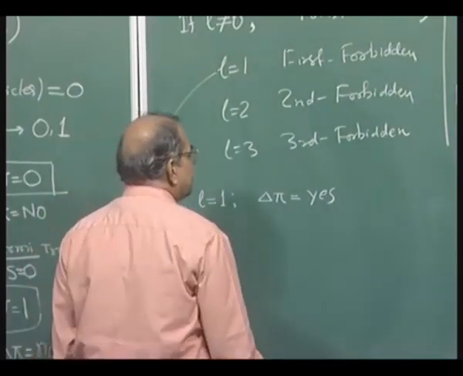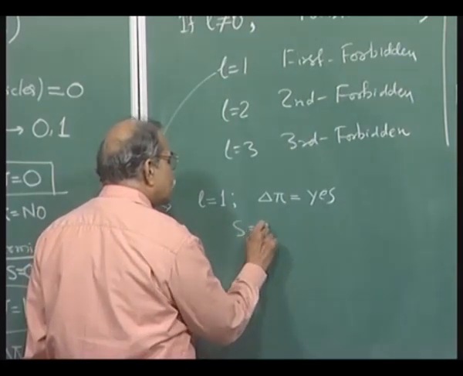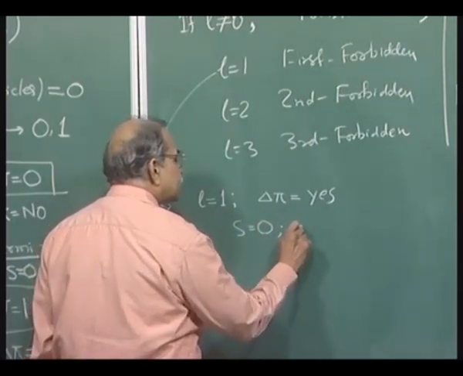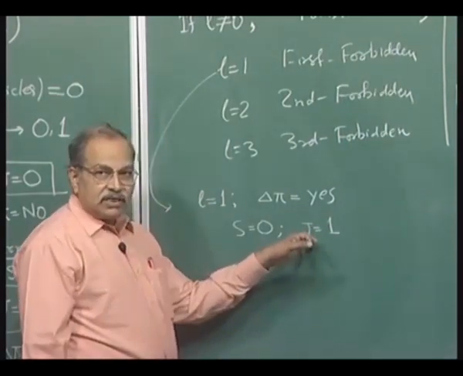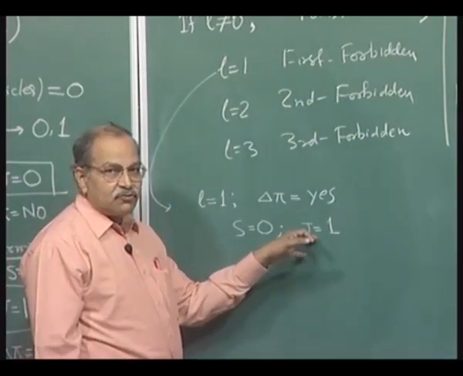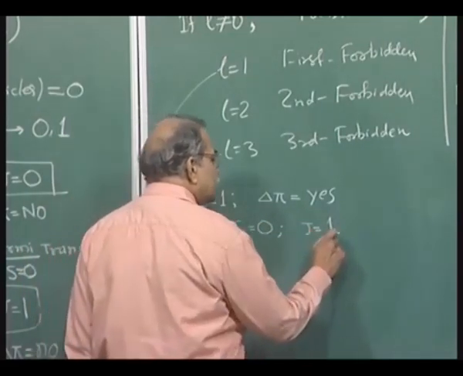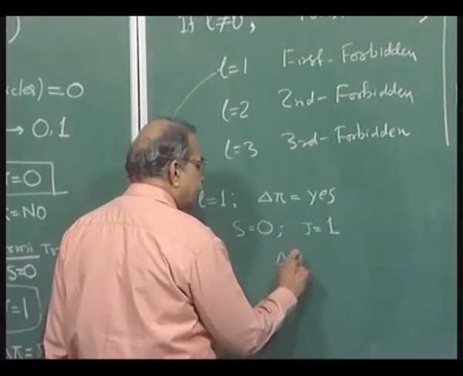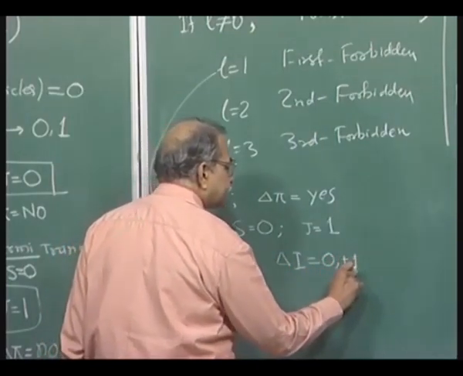Now, for angular momentum, if L is equal to 1 and S is equal to 0, that gives J equal to 1. I am writing J for the total angular momentum of the two outgoing particles. If J is equal to 1, then delta I can be 0 or plus minus 1.